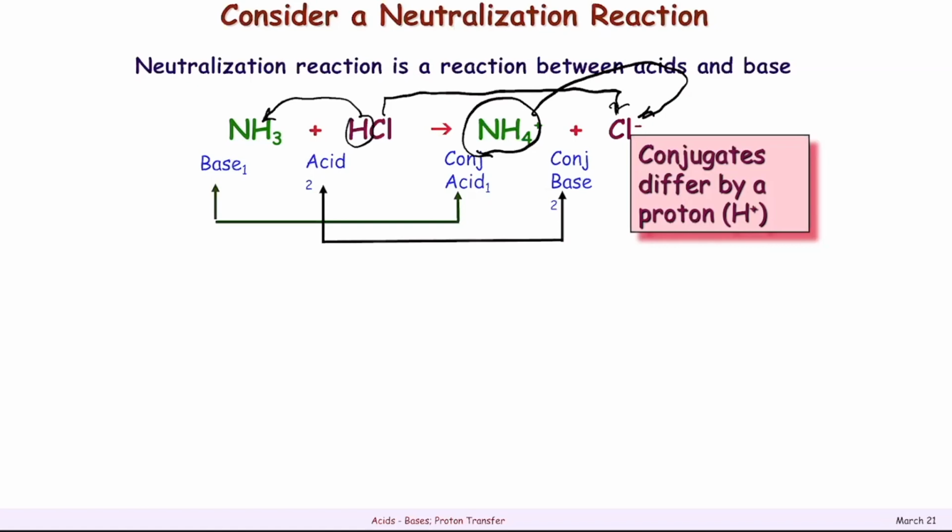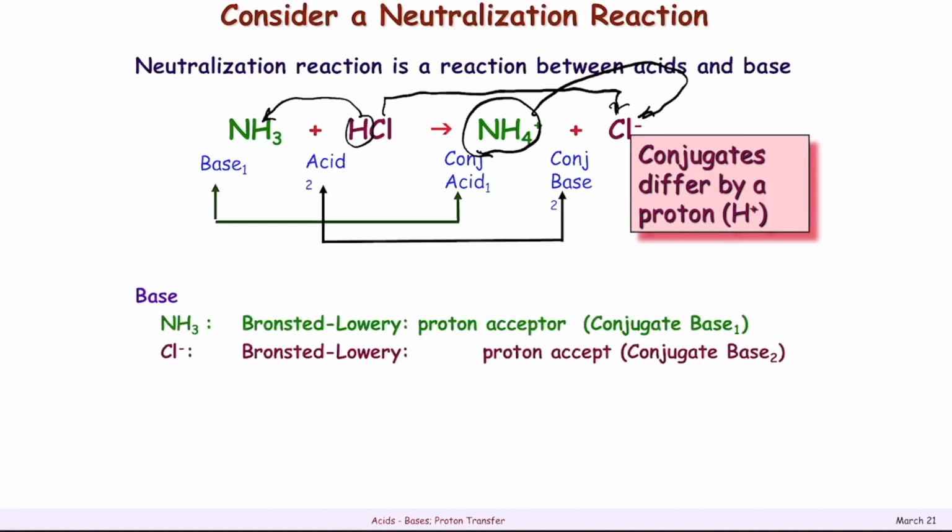HCl wants to get rid of its hydrogen. If there's a chemical available to accept the hydrogen, it doesn't want to form HCl. By definition, HCl wants to dissociate 100%. So if the hydrogen is available, Cl minus is not going to take it back. It's a one-way street.